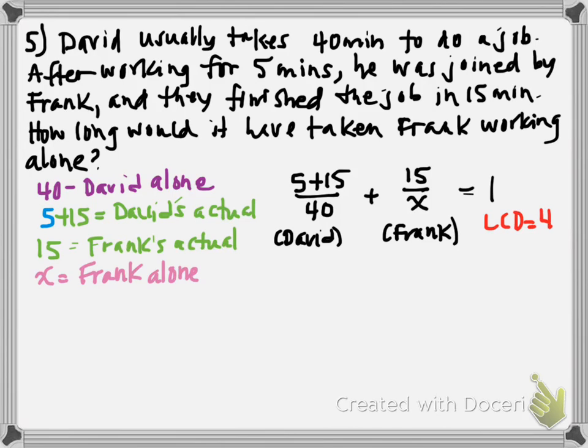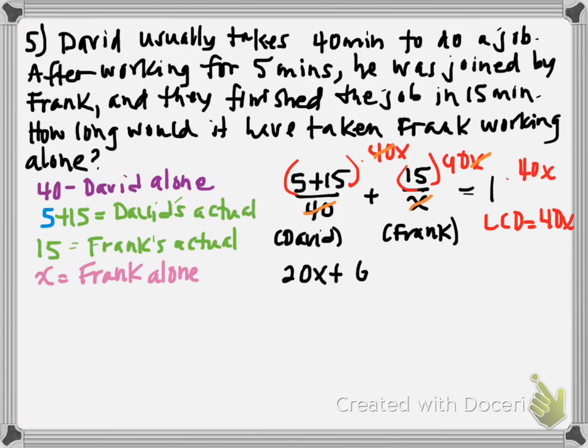It's going to be a product, 40x. So we're going to multiply everything by 40x. So 40 cancels with 40, x cancels with x. What we're left with, 5 times 15 is 20, and an x, plus 15 times 40.